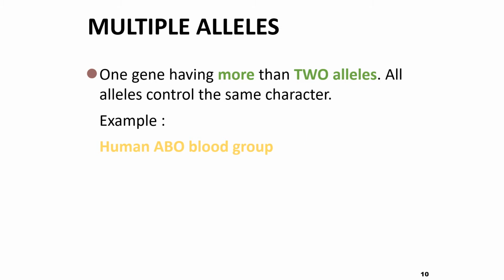If we use Mendel, normally we have recessive and dominant, two alleles. But in the case of multiple alleles, there might be three alleles that control the same character. For example, the ABO blood is controlled by A allele, B allele, O allele, and then we will get four types of blood group.